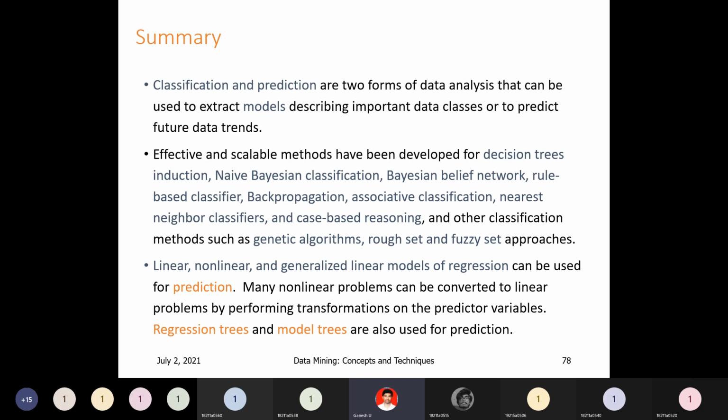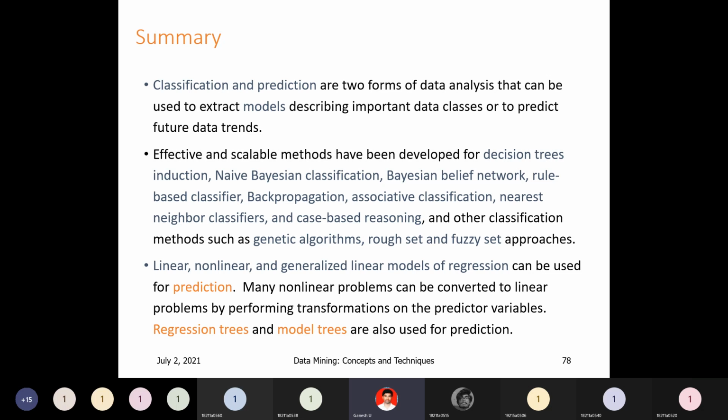Next, case based reasoning: retrieval, recollecting the data, and applying the data again. Next, fuzzy set approach, genetic algorithm, rough set approach. There are various classification methods, and we have seen these. Next, linear, non-linear, and generalized linear models of regression. Regression is continuous value prediction, so regression comes under prediction.